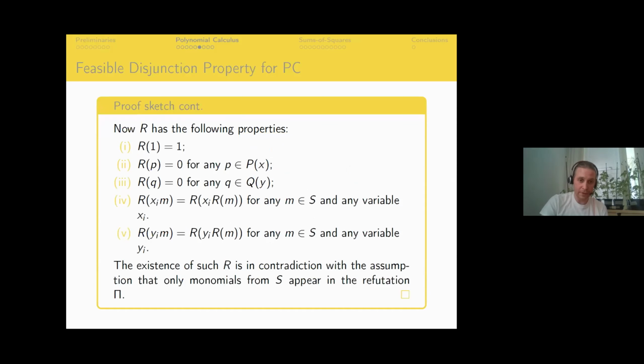So again, existence of such R is in contradiction with the assumption that only monomials from the set S appear in the refutation. So again, by induction from the leaves of the proof down to the root, showing that any line on the proof gets the value 0, against this first property. Okay.